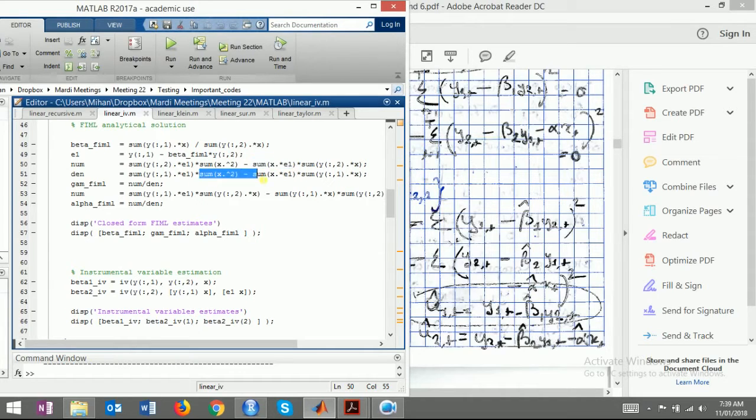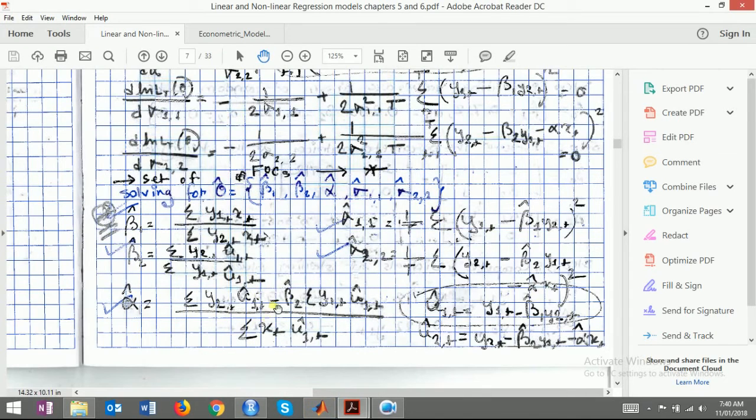So x square and sum xe1 remain the same. Y square multiplied by e1, y2 e1 y2x, y1 e1 y1x. So y1 e1 y1x, y2 e1 y2x, y1x, y2 e1 y2x. Something like that.